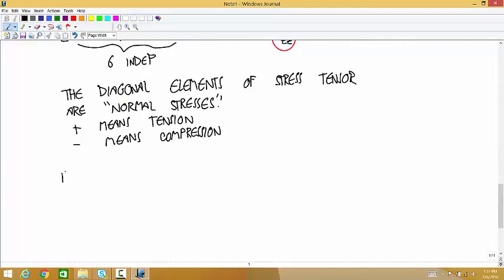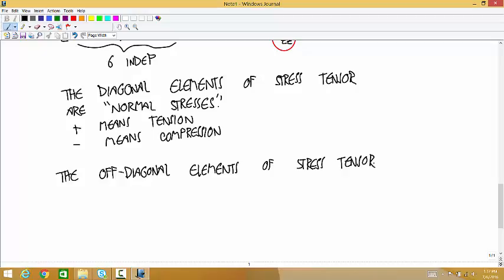And the off-diagonal elements of the stress tensor are called the shear stresses.